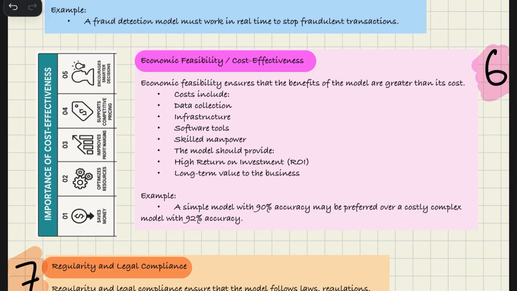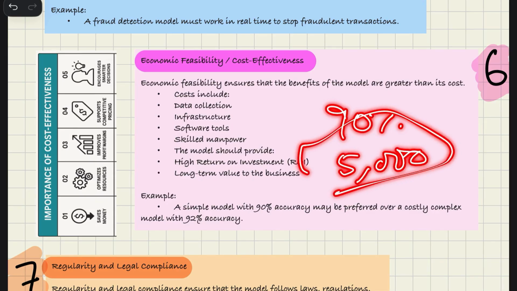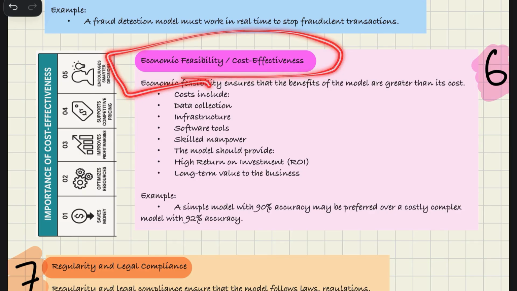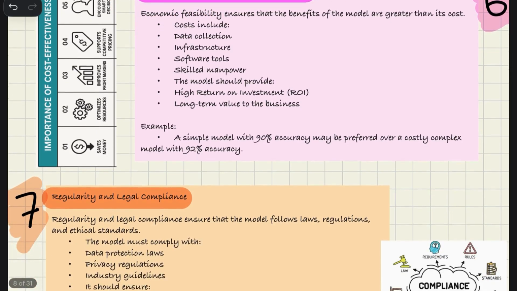For example, if a complex model with 92% accuracy costs us $100,000 to maintain, but a simple model with 90% accuracy costs us $5,000, choose the simpler one. Why would an organization pay so much for just 2%? This is why it is very important to be economically feasible and cost effective.